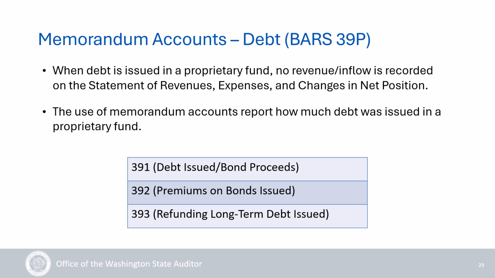Without the use of these memorandum accounts, it would appear as though GAAP proprietary funds never issued any debt, and that skews the comparative statistics. Now with the use of memorandum accounts, we can remain transparent to our constituents and see the accurate amount of debt issued across all local governments.